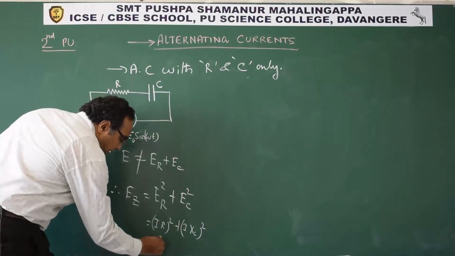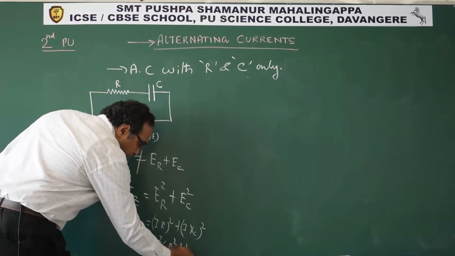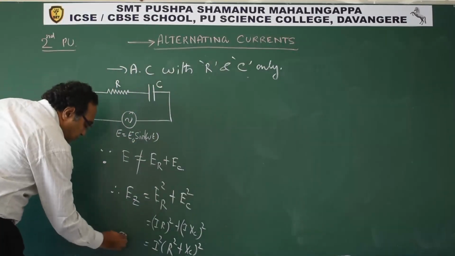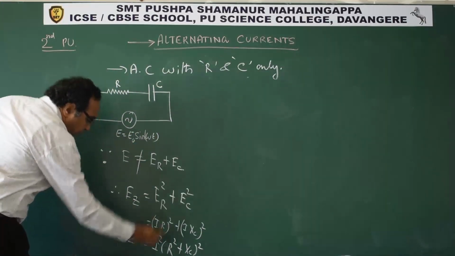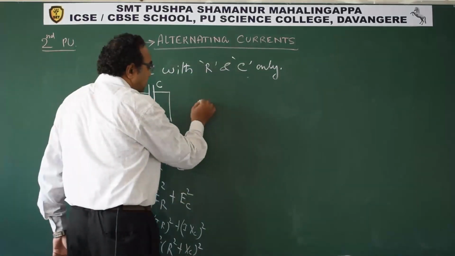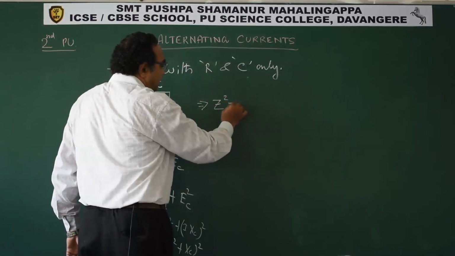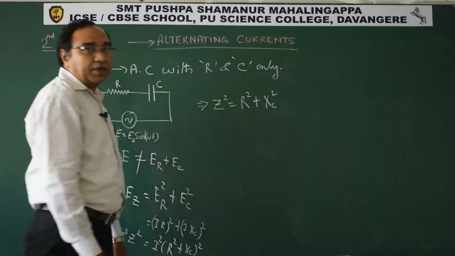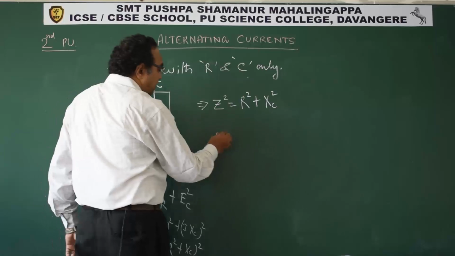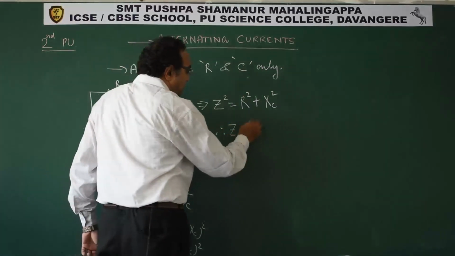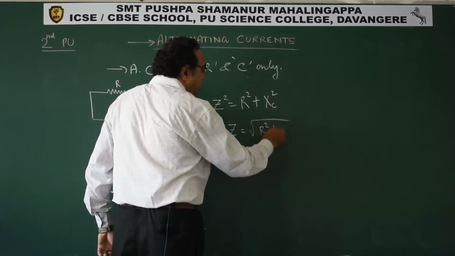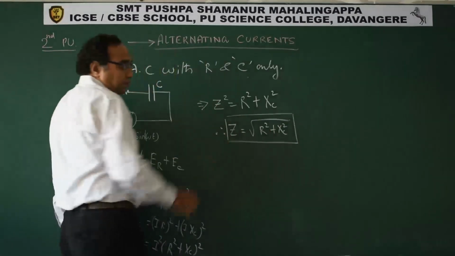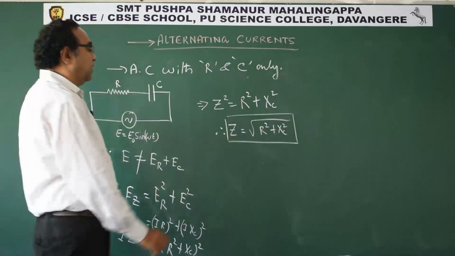So this gives us I square R square plus XC square. So this is what? I square Z square. So what we get now? Z square is equal to R square plus XC square. This is what we are getting. So we can say Z is root of R square plus XC square. What is XC? XC, that is exactly what is XC.